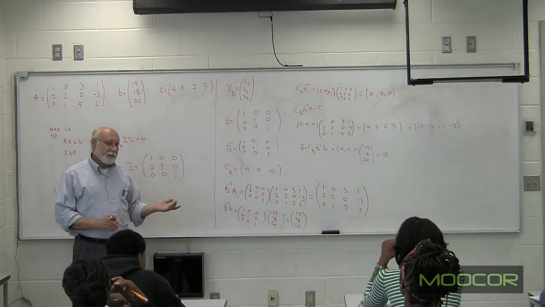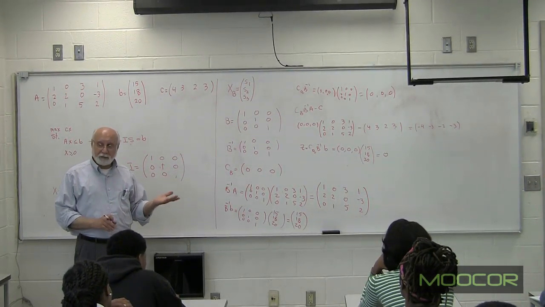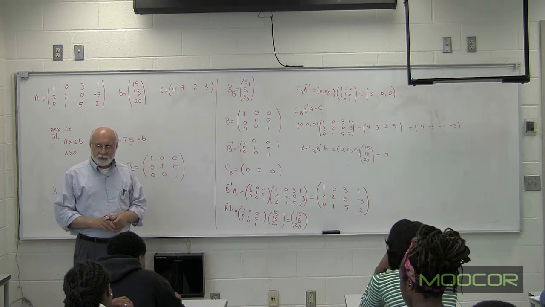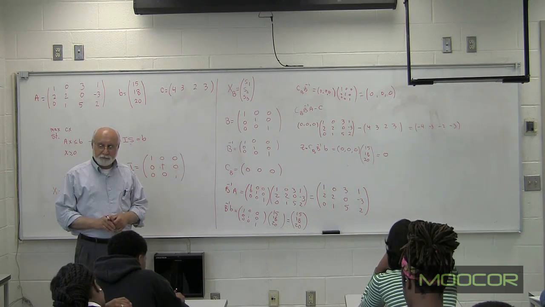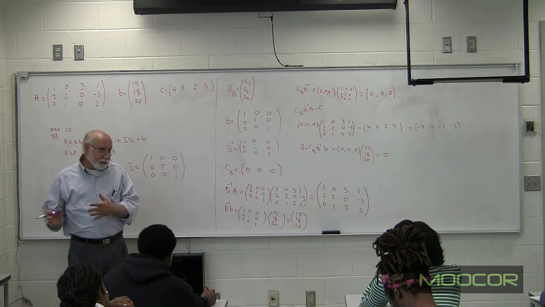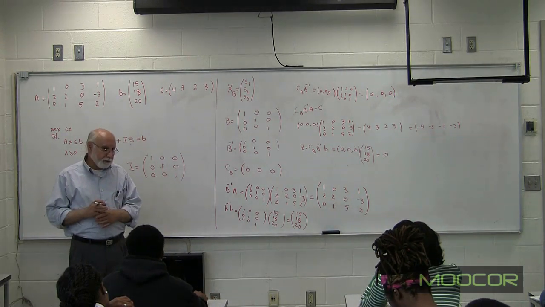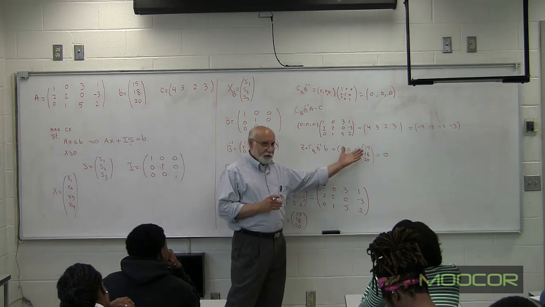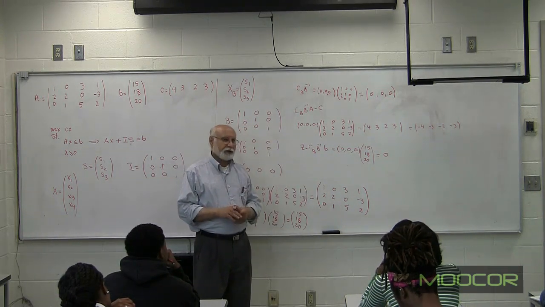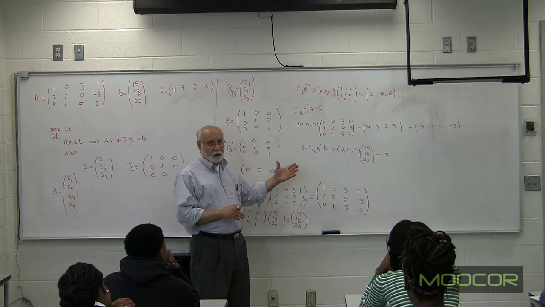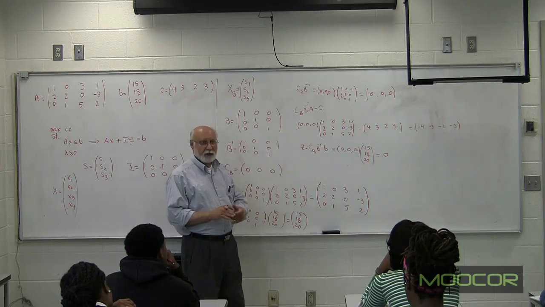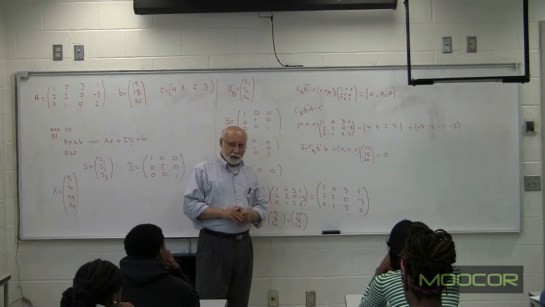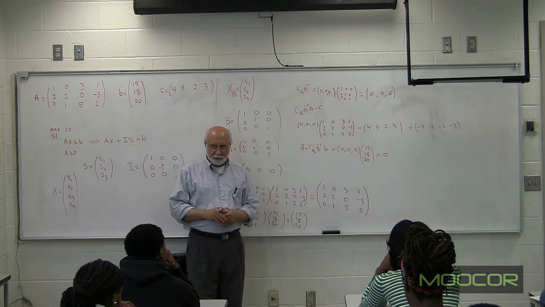But in revised simplex, we don't use the term tableau at all. We don't use the terms that are related to the tableau. So we are going to be using the terms which are related to this matrix notation. Which one of these things would provide the optimality condition for you?